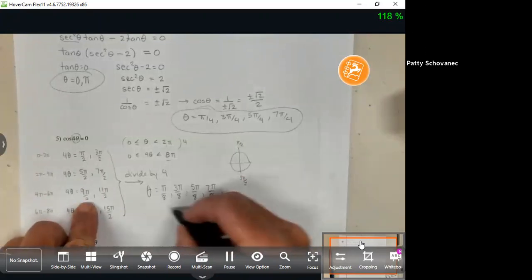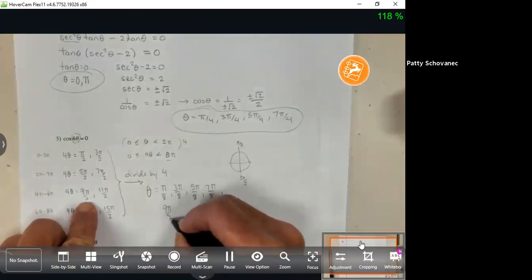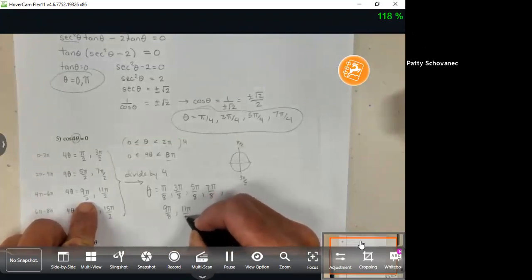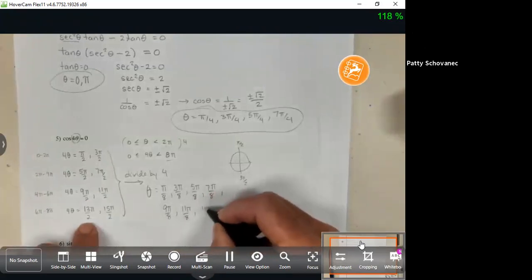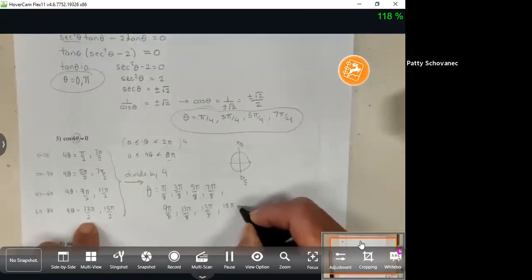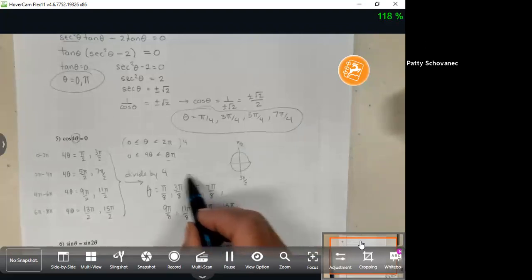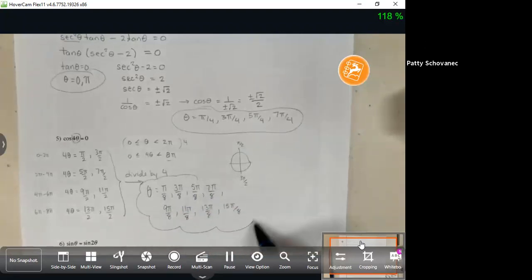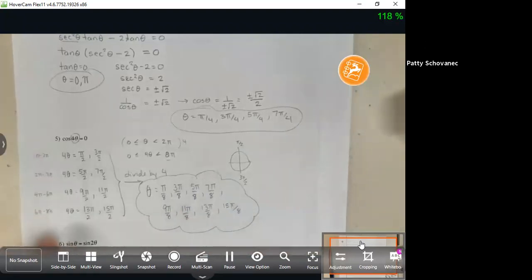Divide by 4, I get 9 pi over 8, 11 pi over 8. And down here, I'll have 13 pi over 8 and 15 pi over 8. So for these multiple angle problems, you first solve for the multiple angle, then divide out the number that's in front. And notice that all of these angles are between 0 and 2 pi.